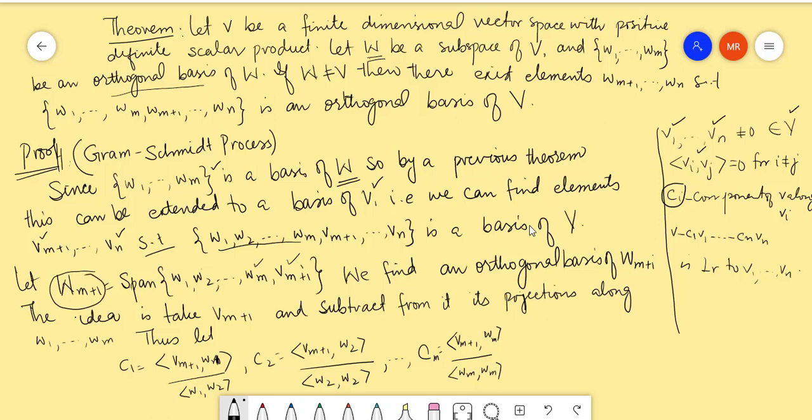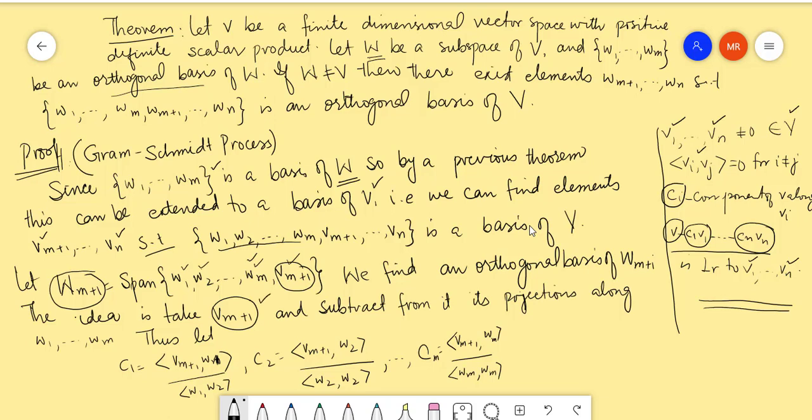Now, since vm+1 is not perpendicular to w1, w2 up to wm, we use the concept that we discussed here. What do we do? Here we took a vector v, then we subtracted the projection onto v1 up to vn from v, and the new vector obtained is perpendicular to v1 up to vn.